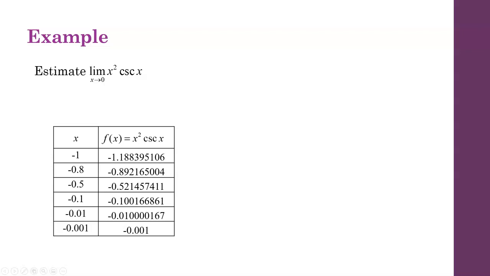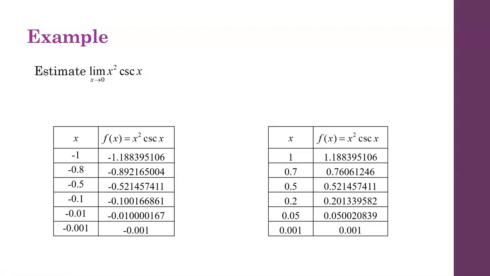Just to check the other side, when I have numbers that are bigger than 0 and I'm plugging them in, the closer to 0 I get, the smaller the values get. Right? So in this case, it looks like x squared cosecant of x is approaching 0. The limit of x squared cosecant of x approaches 0 as x approaches 0.